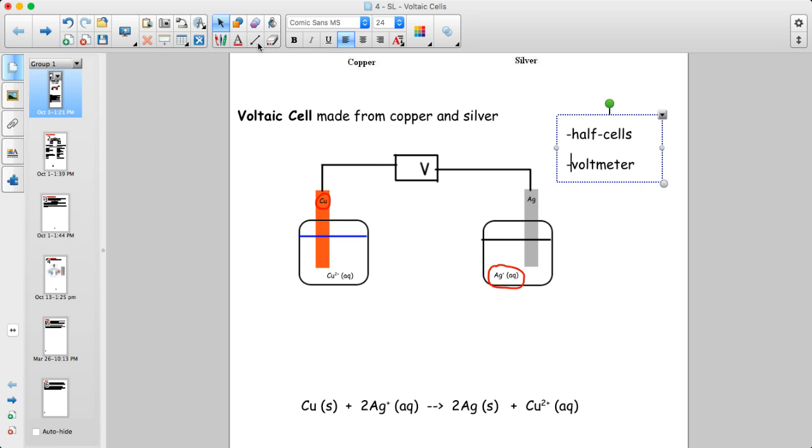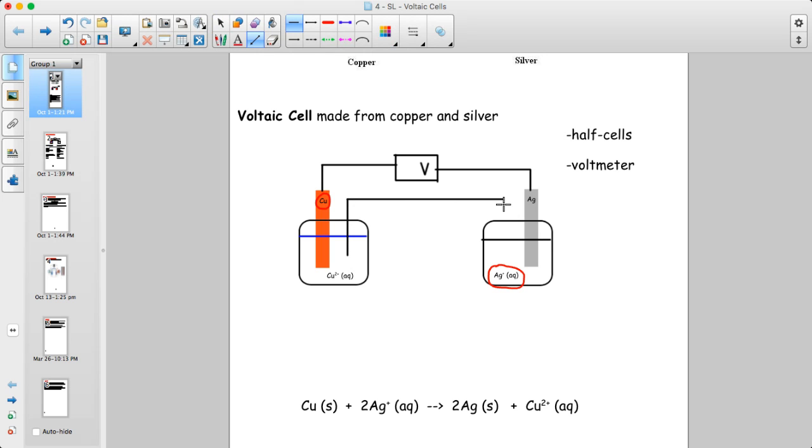We're going to need one more thing. We need to complete our circuit when we make a Voltaic cell. And the way that we complete the circuit is with something that we call the salt bridge. And I will explain what that does and how it works a little bit later on in the video. But for now, I'm just going to draw it and I'm going to label it.